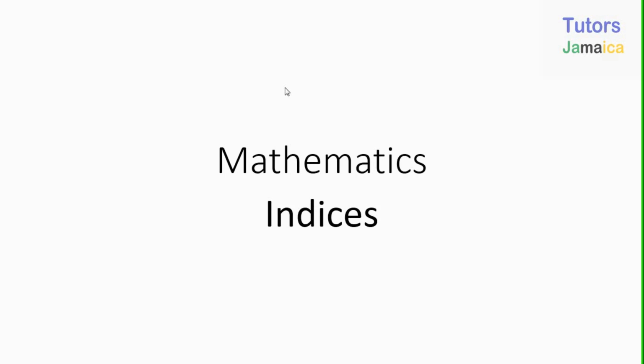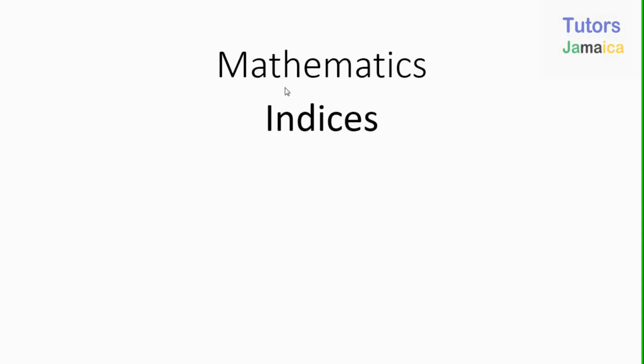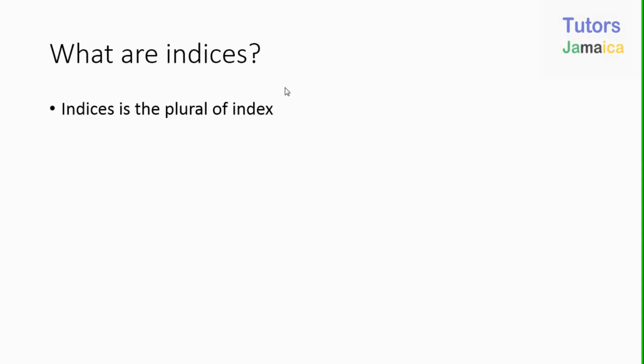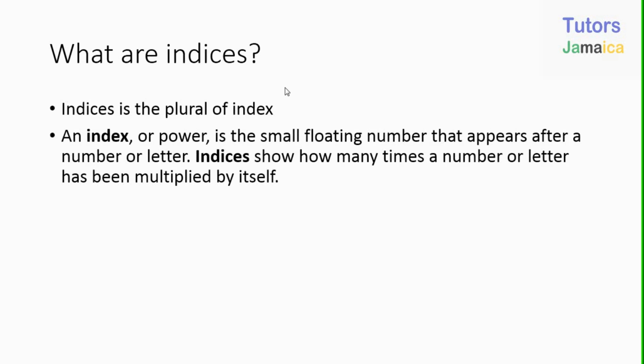And today I'll be looking at math in another math class, and we'll be looking at indices. So, what are indices anyway? What is this thing that we're talking about? Well, indices is actually the plural of index, and an index or power is a small floating number that appears after a number or letter.